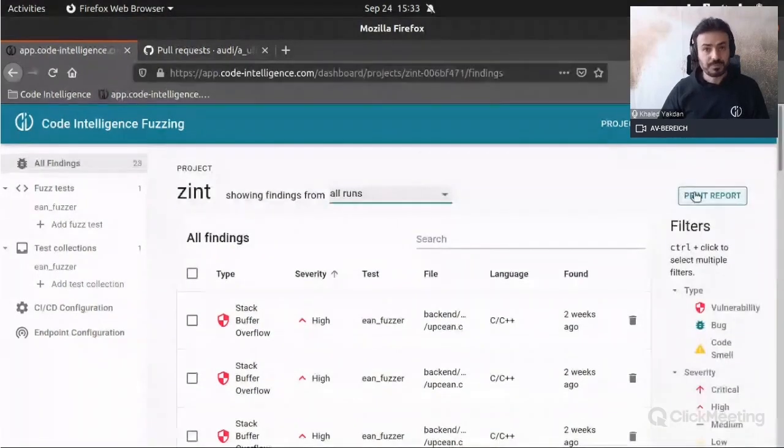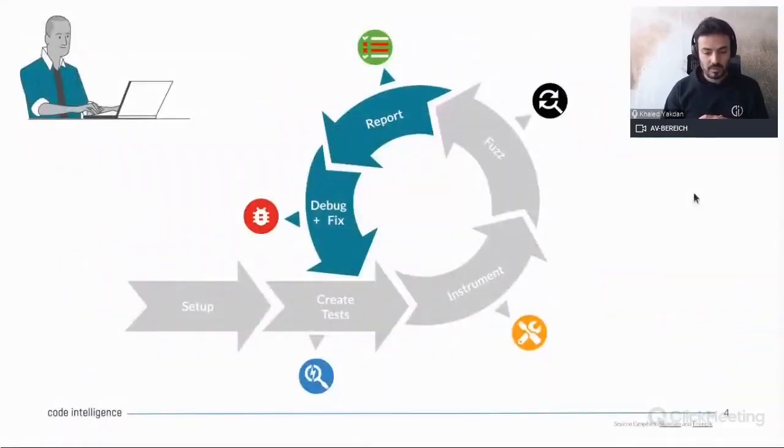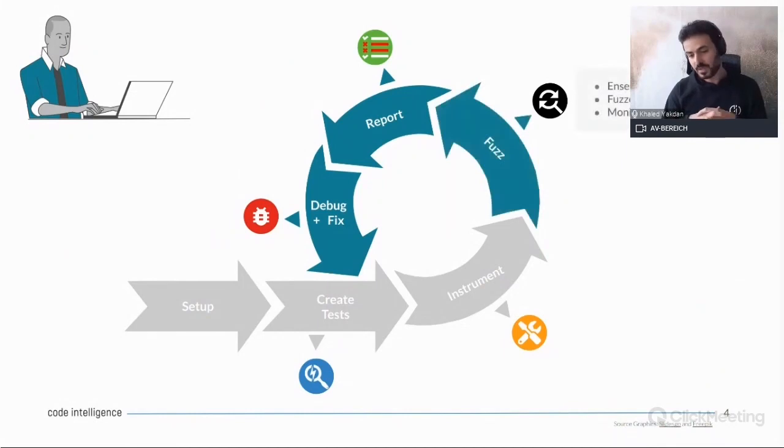One can also print a report if this is needed by management, for example. Now we saw how the report looks, but in order to have a report of the bugs, we need to fuzz first. So this takes us to the previous step.